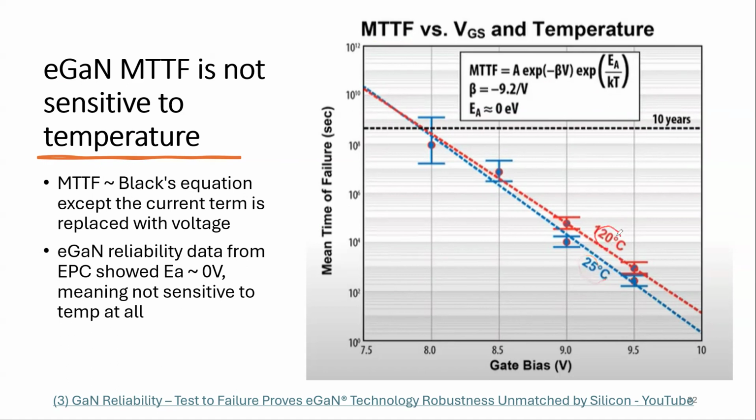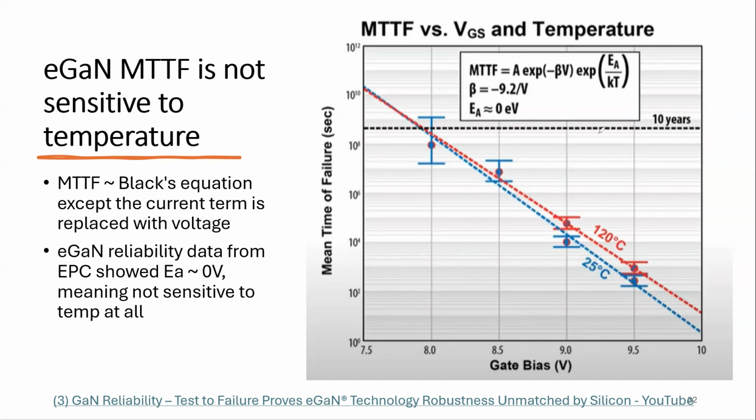It turns out this test is not sensitive to temperature. The GaN, that specific product that I'm presenting here, that GaN, good, it's not sensitive to temperature. That's very nice. And the 10-year meaning that they have to meet the spec. Extrapolate here and go all the way down, they will meet the spec.